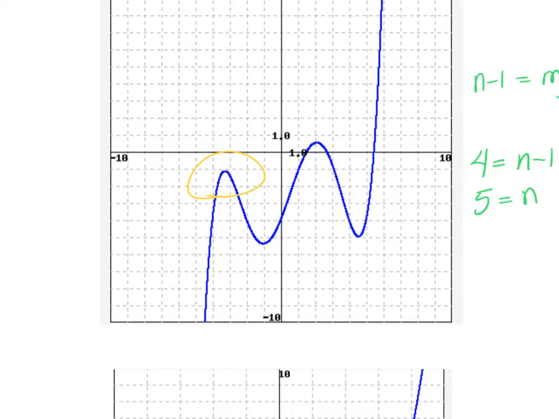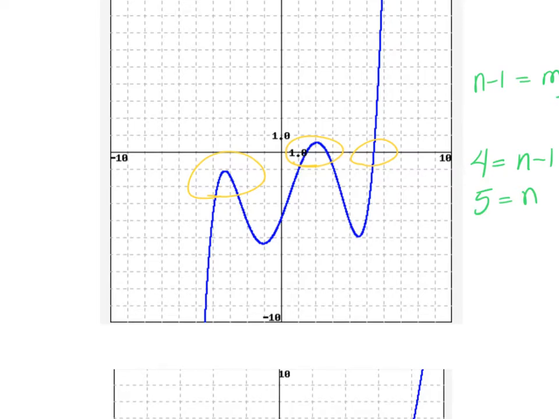That means some of my zeros would be complex, and I don't know what they are because they're not crossing through the x-axis. That would make it way more difficult to determine what the polynomial is. I have x-intercepts here and here, and I can find those, but they're not integer numbers when I say nice numbers. So I wouldn't give you this one. All I'd ask you is the least degree of it, but I wouldn't ask you to build the polynomial.